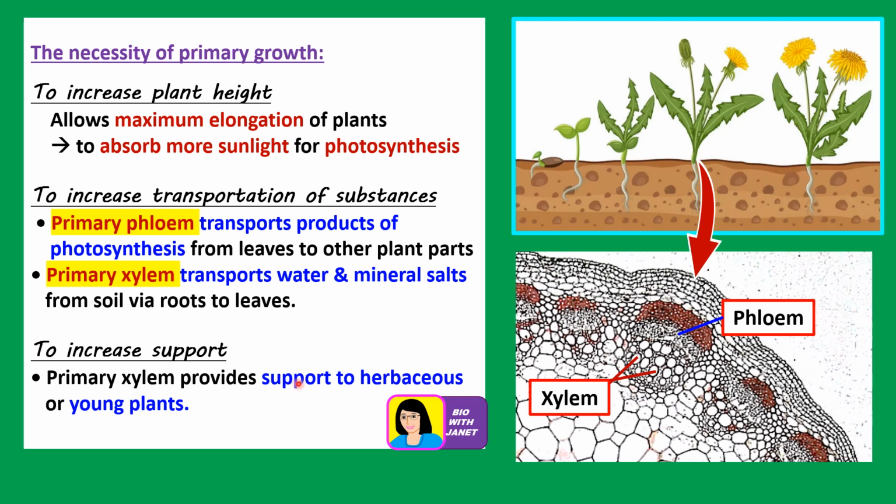Now, lastly, primary growth helps to increase support because the primary xylem that's formed contains the hard and strong lignin in the cell walls. So the primary xylem has lignified cell walls that are very strong, and this helps to provide some support to the herbaceous or non-woody plants and also to young plants.